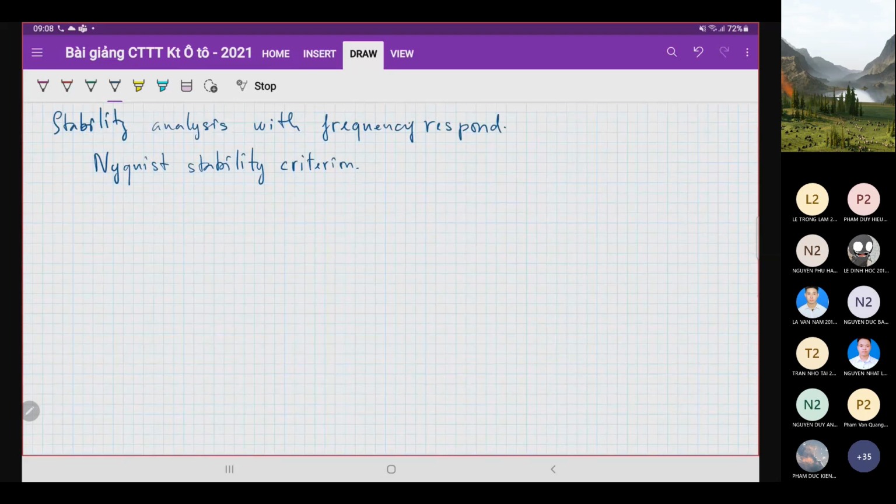Now we consider the control system, a feedback system, like this.